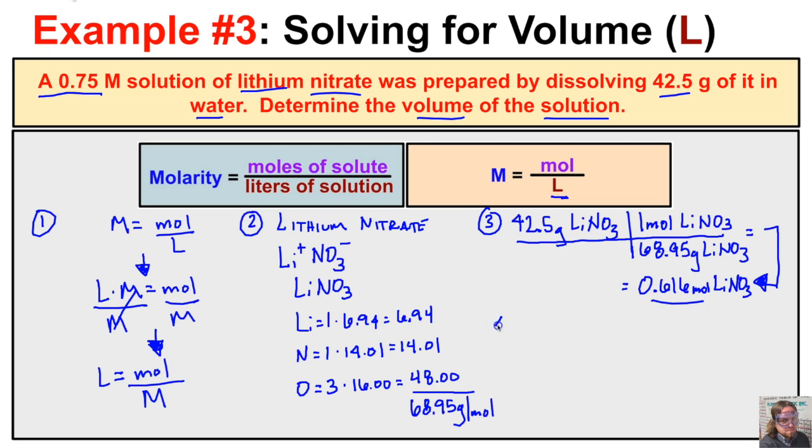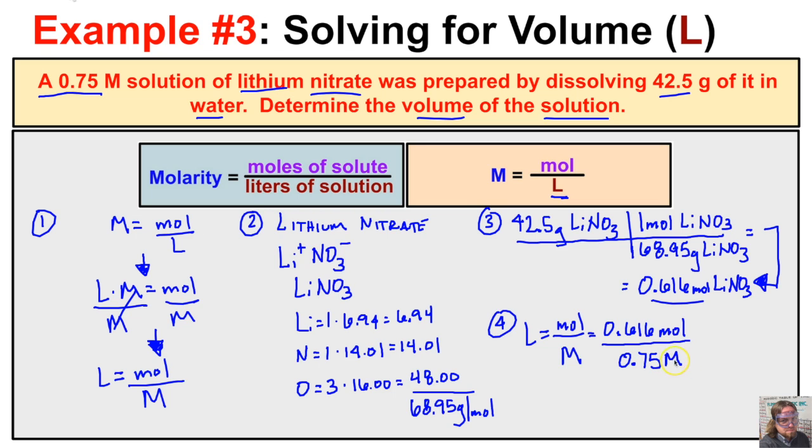So let's go ahead and do that now. To get the liters of solution, we take the moles of solute, which we just figured out, and we're going to divide this by the molarity of our solution, which is given in the problem. It's right here. And so the number of moles that we have is 0.616. And we're going to divide this by the molarity, which is 0.75 moles per liter.